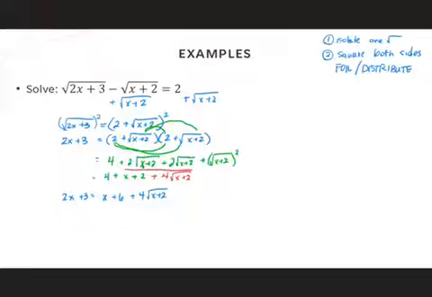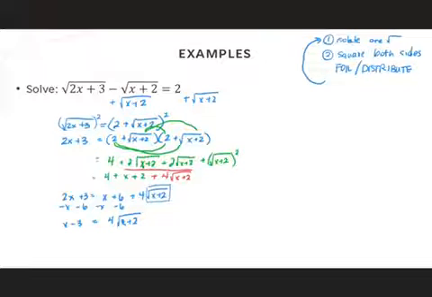So we're going to go back and we're going to repeat this cycle. I'm going to isolate this square root again. So we're going to make sure that this thing that's now in the box is all by itself. Okay, so I'm going to subtract x. I'm going to subtract 6. So 2x minus x is x. 3 minus 6 is a negative 3. So this is 4 times my square root.